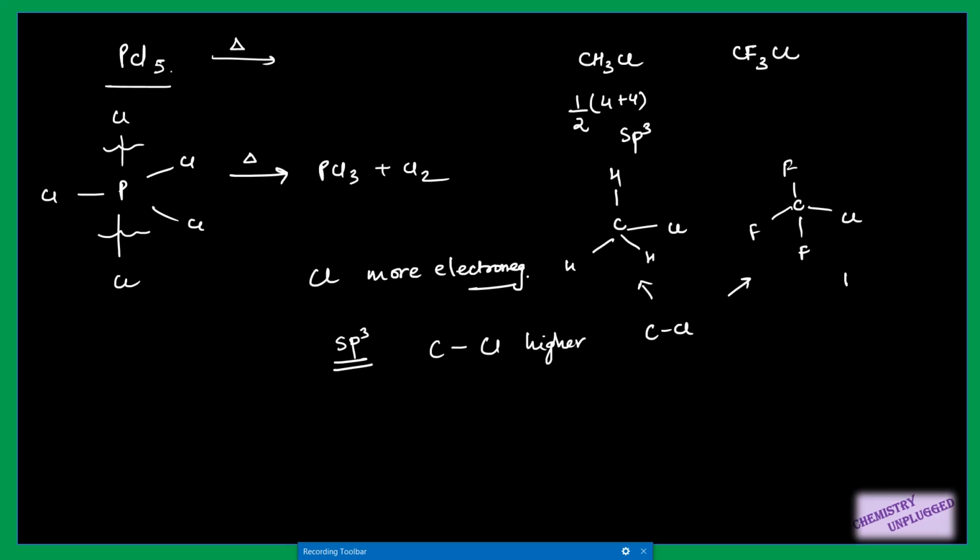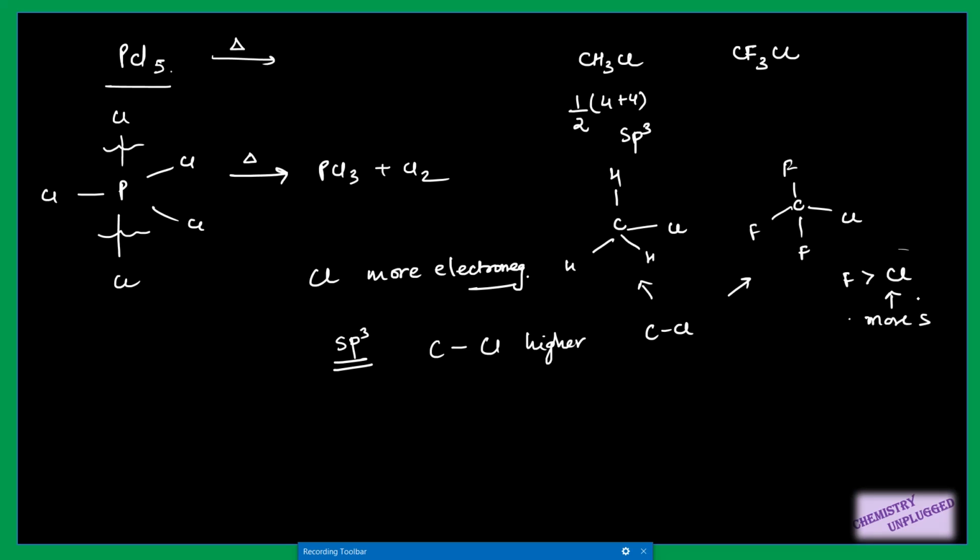In this case, fluorine is more electronegative than Cl, or you can say that chlorine is more electropositive than fluorine. So the hybrid orbitals with less s character will be directed towards fluorine, and the hybrid orbitals with more s character will be directed towards Cl.